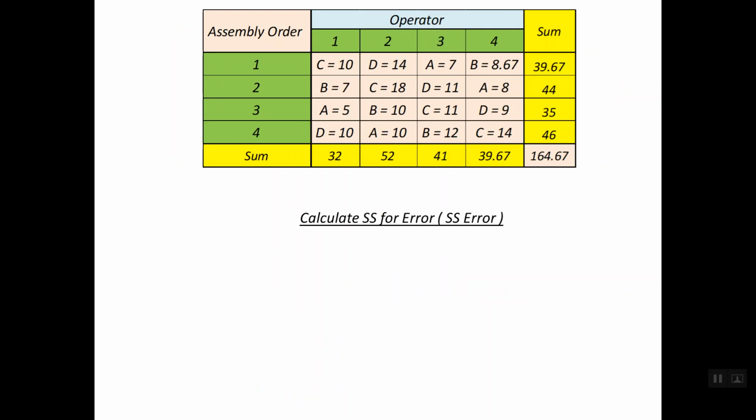Now we can simply calculate the SS for the error after knowing all the other SS, because the SS total is equal to the SS for the treatments plus the SS for the rows plus the SS for the columns plus the SS for the error.